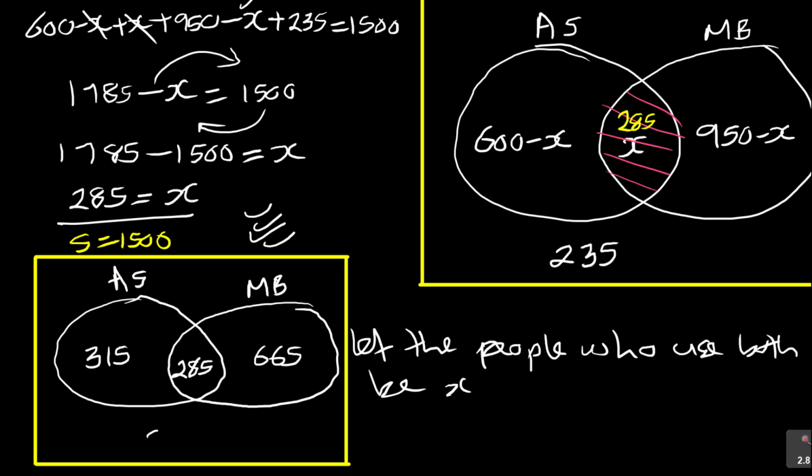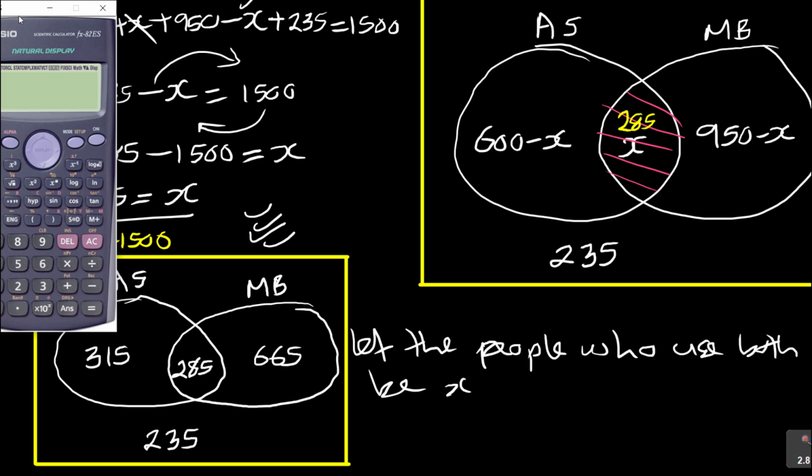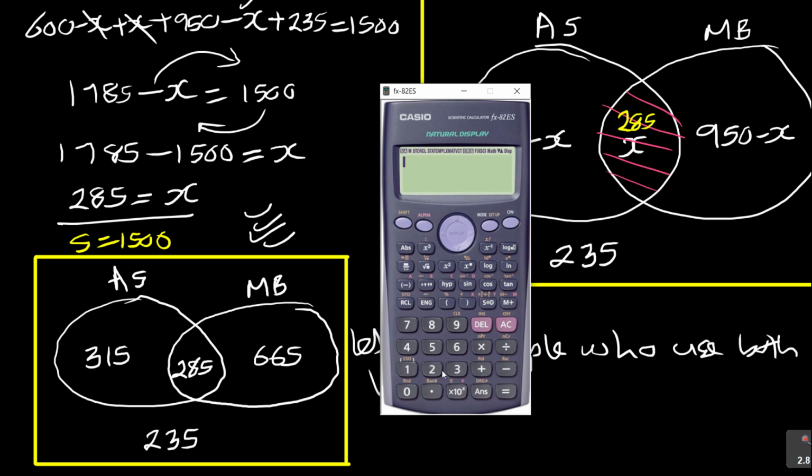And then outside you've got 235. Now to prove that you're correct, add all the numbers inside. It must give you 1500. So let's add everything: 315 plus 285 plus 665 plus 235 equals 1500.